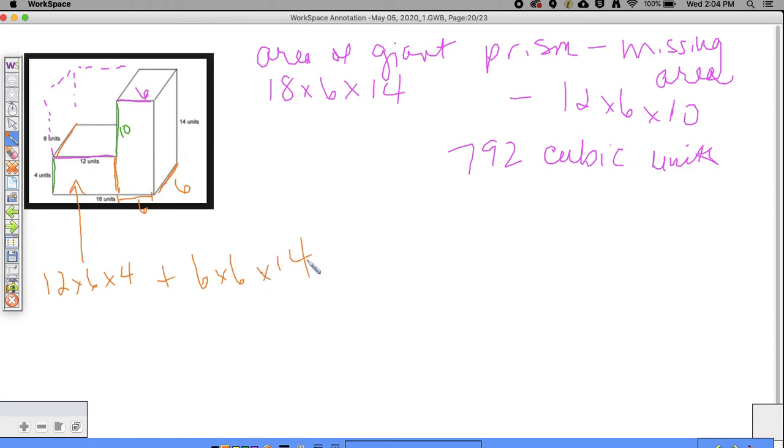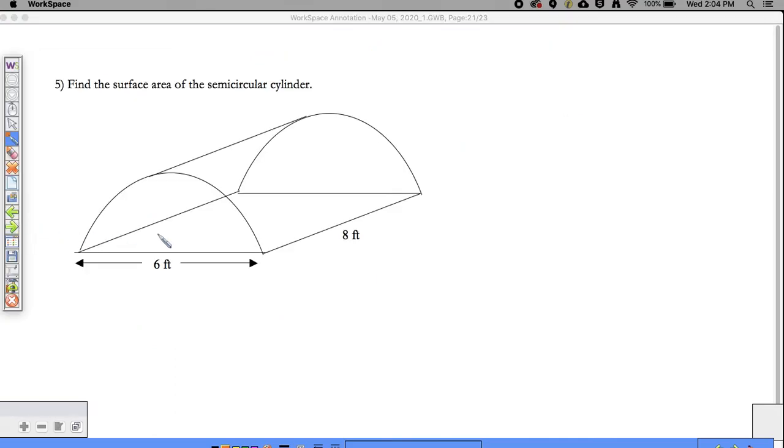So 12 by 6 by 4 plus 36 by 14, and sure enough, we get 792 cubic units. So whether you break it down into 2 prisms, or I go the big guy minus the little guy, notice we get the same volume. So whatever works for you is great. I just think it's important to know how to do both, okay?